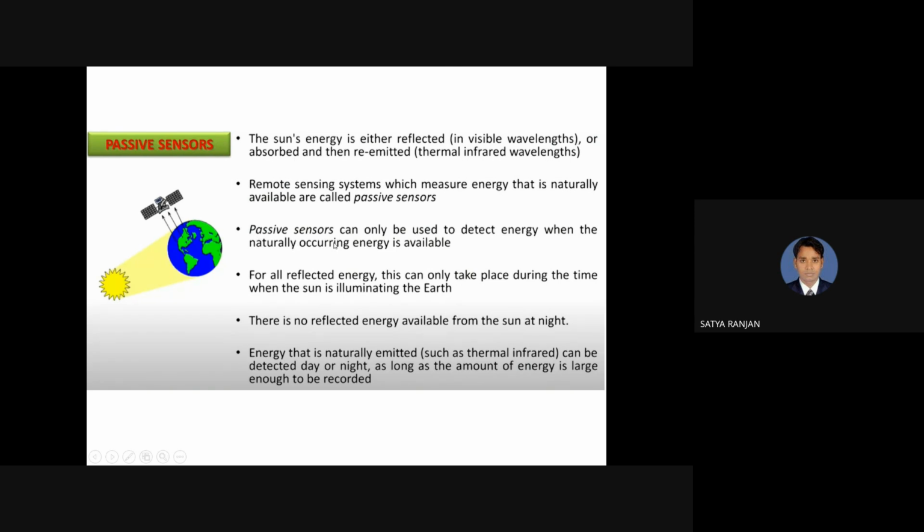A passive sensor can be used to detect energy when naturally occurring energy is available. For reflected energy, this can take place only while the sun is illuminating the earth. There is no reflected energy available from the sun at night, so during the night no observation is possible. So it only works in the daytime.